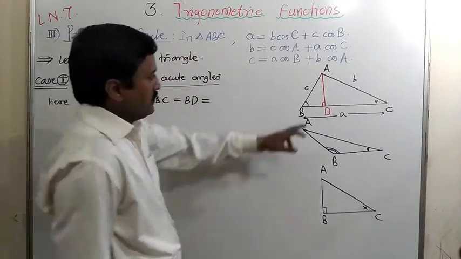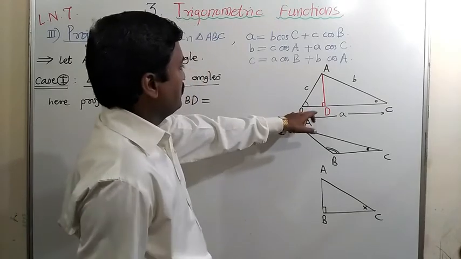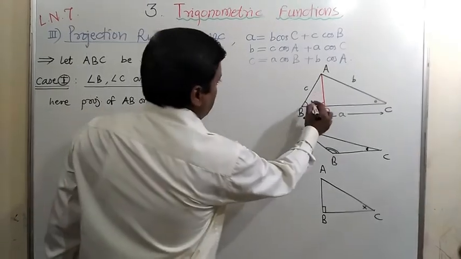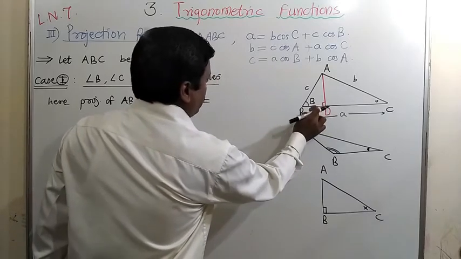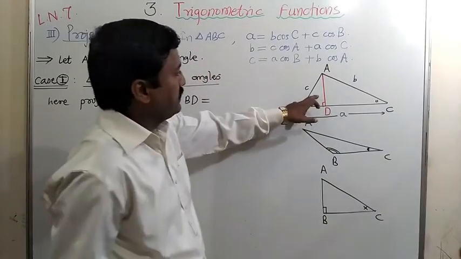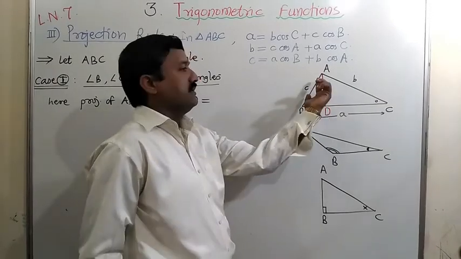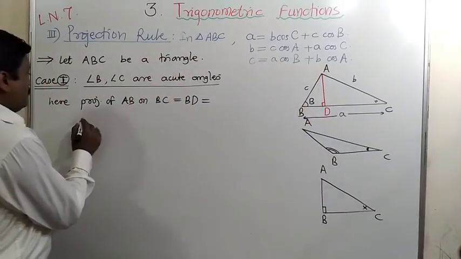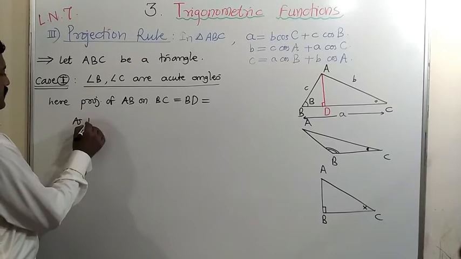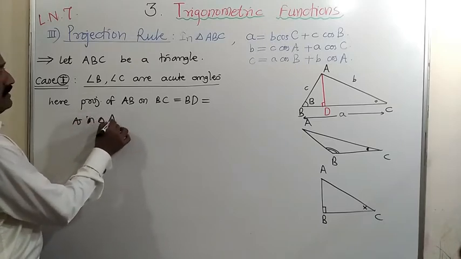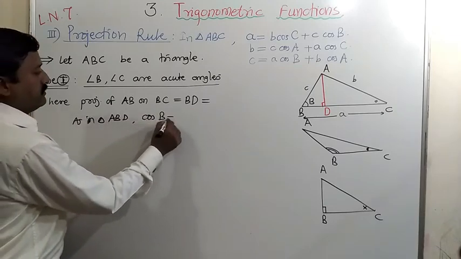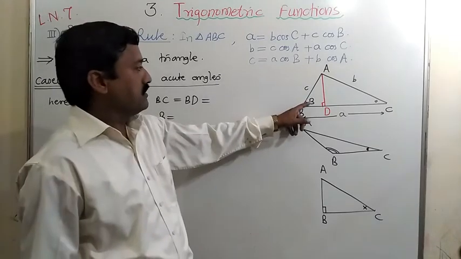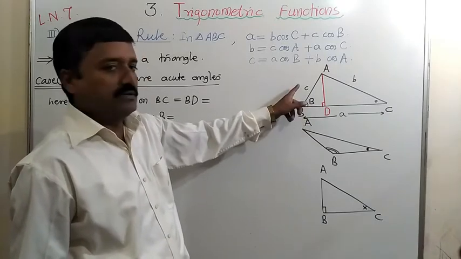Okay, so let us find this BD. Here the angle is B. This is our projection BD. So if you write cos of angle B, it is nothing but the adjacent side upon hypotenuse. As in triangle ABD, cos B is the adjacent upon hypotenuse.